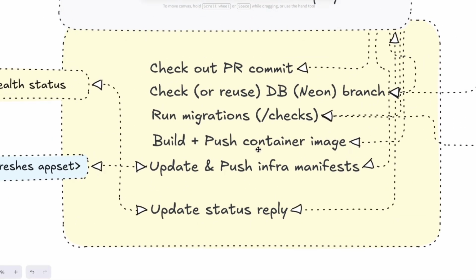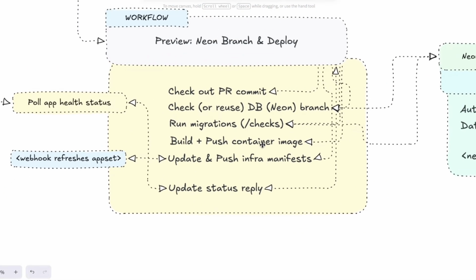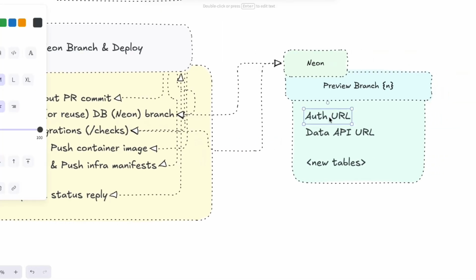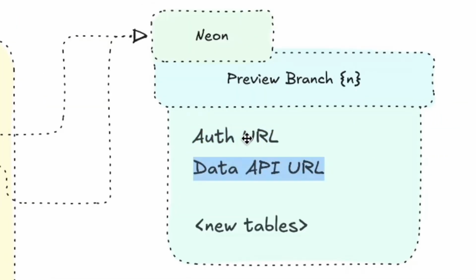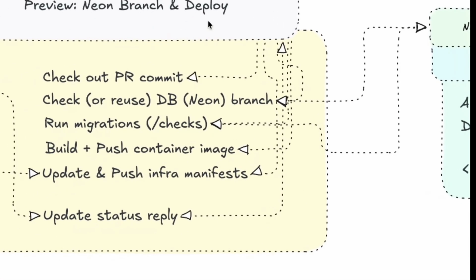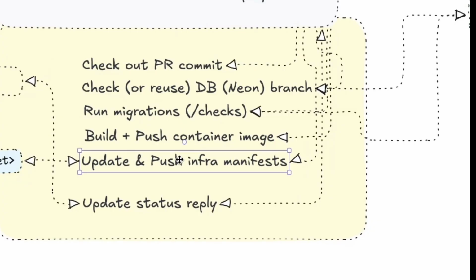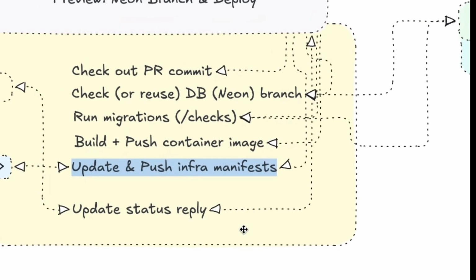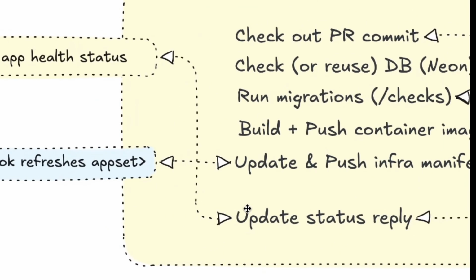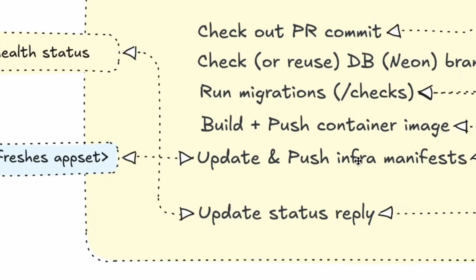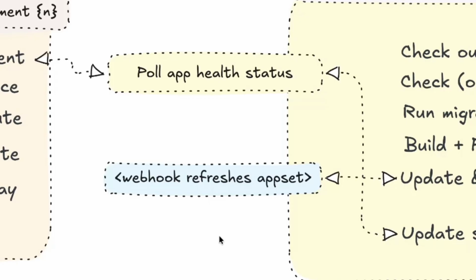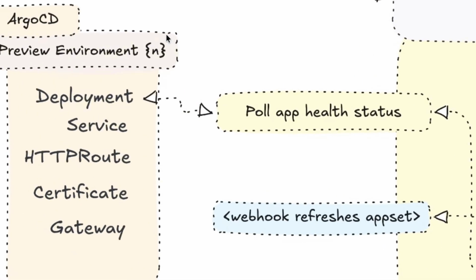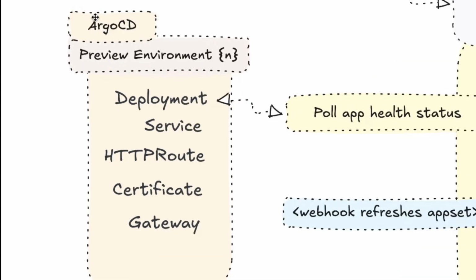We are running the migrations, we are building and pushing a container, and in this container, we are baking in the auth URL and the data API URL for the new preview branch that we got from Neon. Then this container image is being referenced in the manifest for the preview application, which then we push to the infrastructure repository.